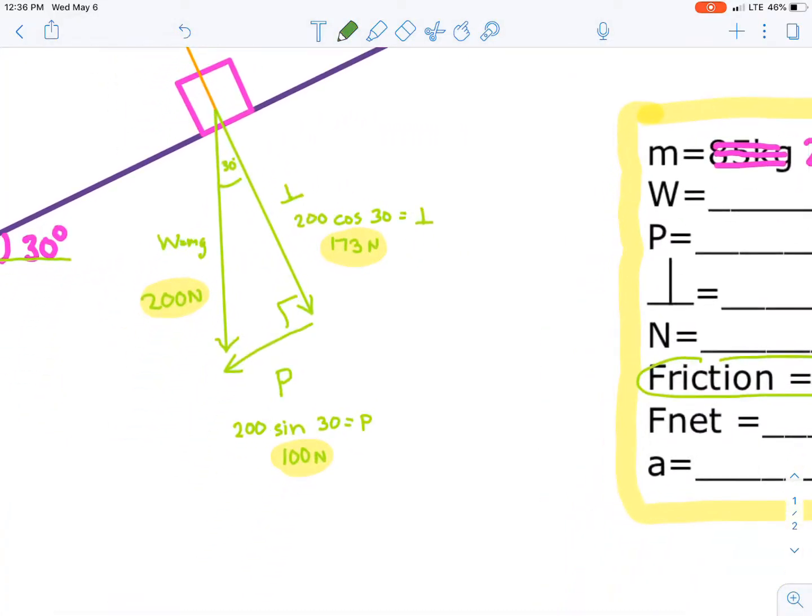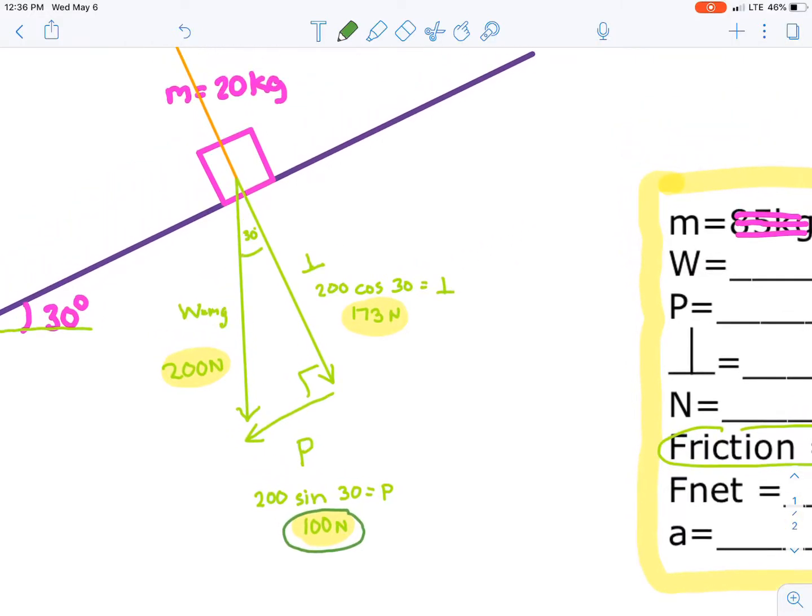But we have P pushing down the ramp, 100 newtons, right? So what that means is that friction, I'm going to draw it on my square here. Since there's 100 pushing that way, this will be our friction pushing here of 30.